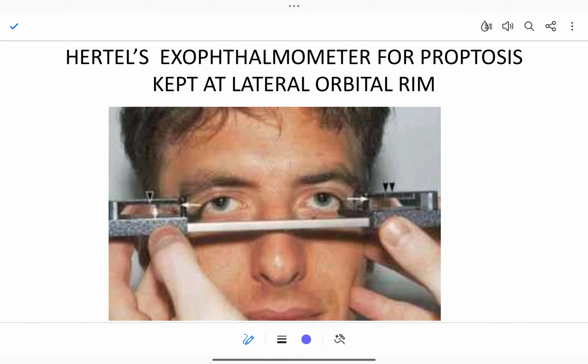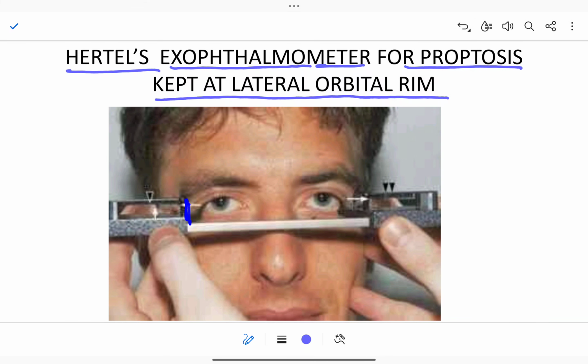This is called Hertel's exophthalmometer, a meter for proptosis, kept at the lateral orbital rim. Okay, lateral orbital rim.